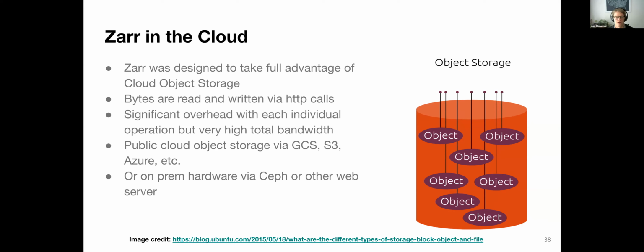For those of you coming from a parallel file system, you'll recognize that for individual object retrievals there's quite a bit of latency, but the total throughput can be much higher than a parallel file system. We use Zarr regularly on the cloud via public cloud object storage interfaces, so Google Cloud Storage, S3, Azure Blob Storage, etc. But the interface works on on-prem hardware as well via Ceph or other web server-like interfaces.